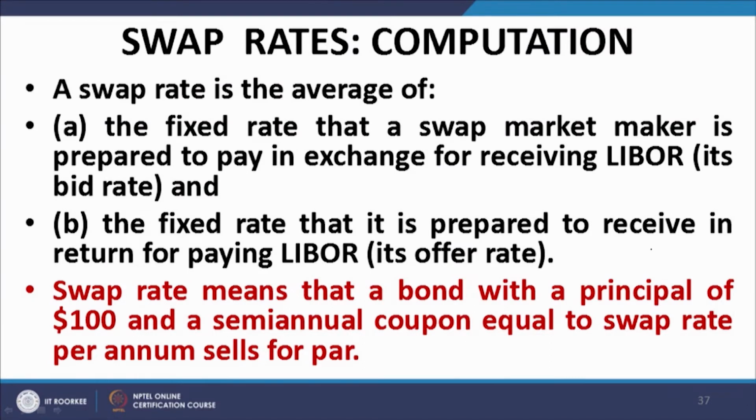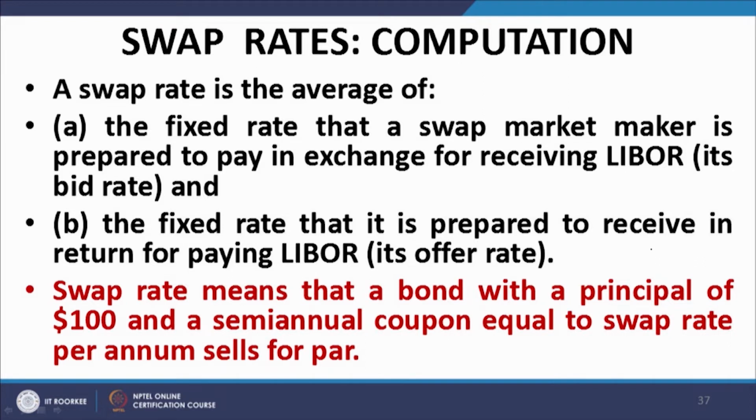Now, a more technical definition of swap rate. A swap rate is the average of the fixed rate that a swap market maker is prepared to pay in exchange for receiving LIBOR, that is its bid rate, and the fixed rate that it is prepared to receive in return for paying LIBOR, that is the offer rate.